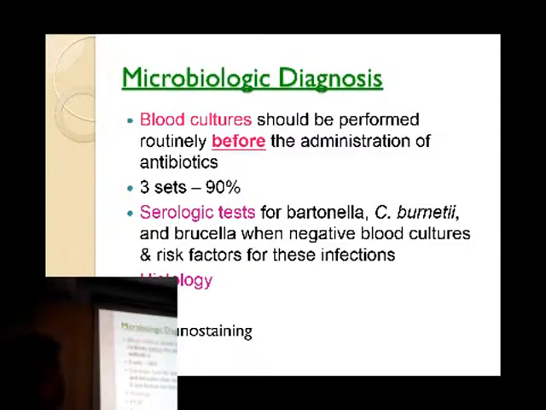Apart from that, certain organisms can be diagnosed with the help of serological testing, such as Bartonella, Coxiella burnetii and Brucella. Histological diagnosis also can be achieved by taking samples of vegetations if the patient has been operated, or if any mycotic aneurysms are being opened up, we can take samples of dislodged vegetation for cultures and histology.